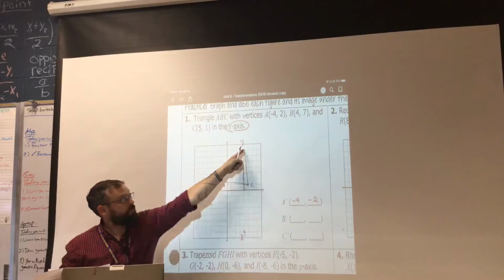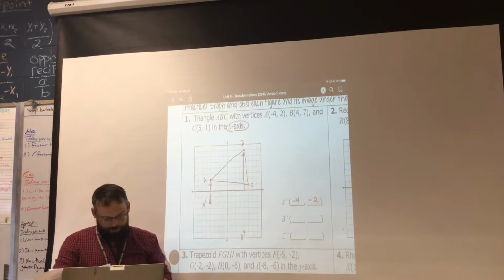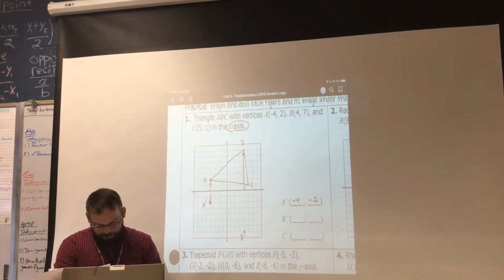So it's far up, it's far down, right? Okay, so the B prime point would be (4, -7). The C prime, well, it's only 1 unit up here, so it's going to be 1 unit down, so it's right here at C prime.